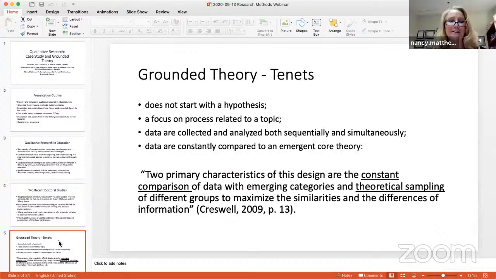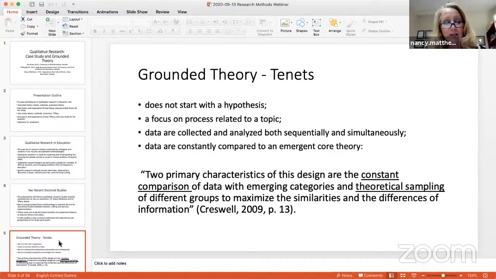Good, thank you. Hello, and thank you again for having me share some information on grounded theory. First, I wanted to point out some tenets of grounded theory, as shared here. Grounded theory does not start with a hypothesis. It focuses on process related to a topic, and data are collected and analyzed both sequentially and simultaneously, and data are constantly compared to an emergent core theory.